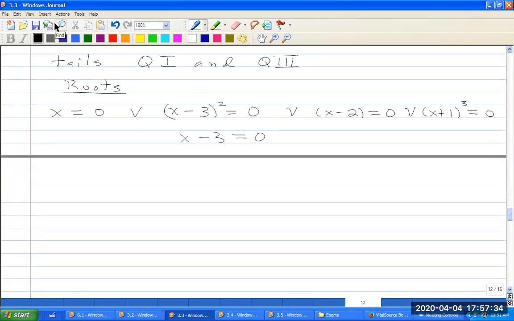Add 2 to both sides of your equation, so x equals 2. Take the cube root, so x plus 1 equals 0. Add 3, subtract 1.